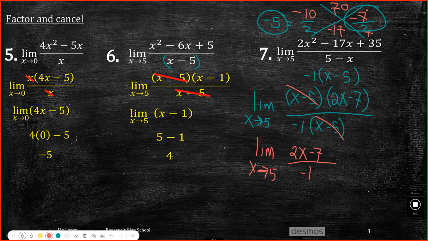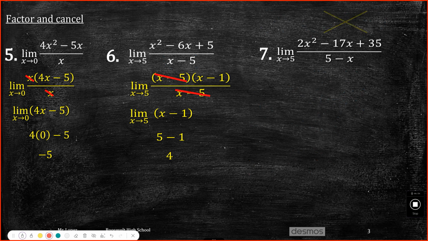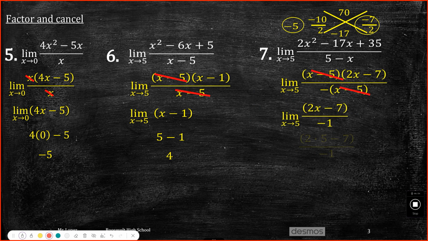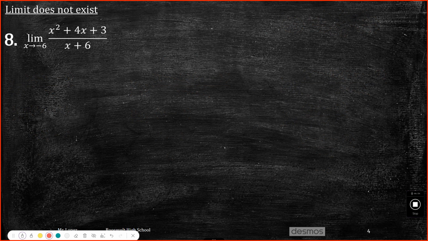It's negative 3, isn't it? 2 times 5 is 10, 10 minus 7 is 3, 3 divided by negative 1 is negative 3. Negative 3. Yep. Yeah. Let's move on. Let's continue on.